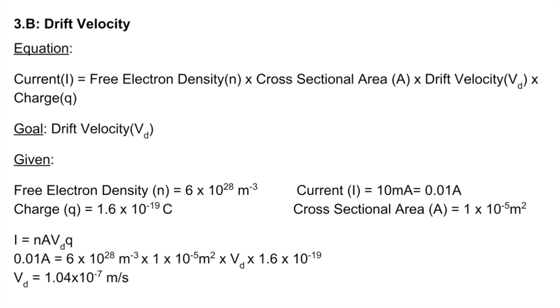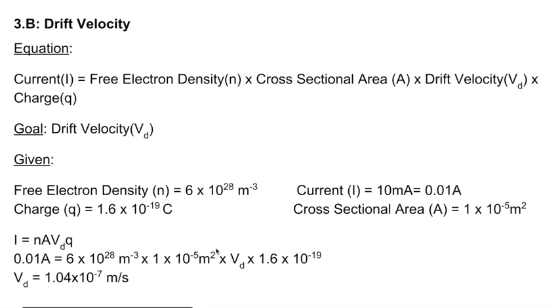So this gets a little bit complicated and confusing down here because of all the multiplication marks. But the current right here is 0.01 amps, because we converted it from milliamps to amps, right? So it was 10 milliamps, which is 0.01 amps, times the free electron density of copper, which was given at the beginning of the problem as well, right here, times the cross-sectional area right here.